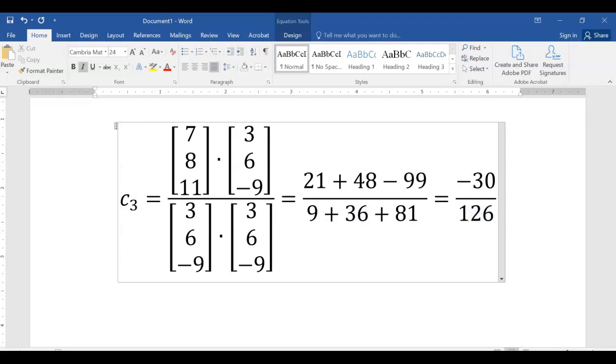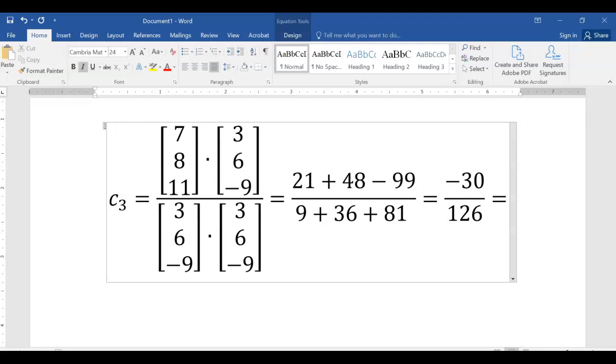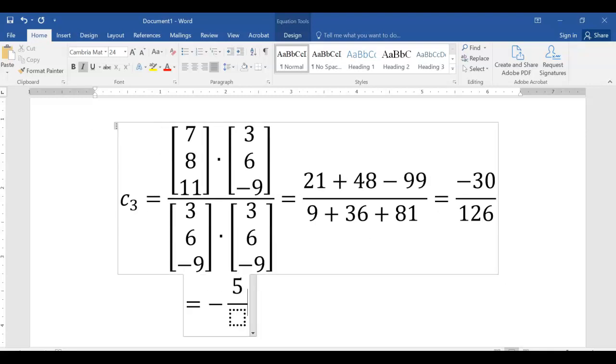Okay, that does simplify a little bit. I think they are both divisible by 6. So if you wanted to, you can call that negative 5 over 126. Hopefully that's divisible by 6. Yep, 21. So negative 5 over 21.